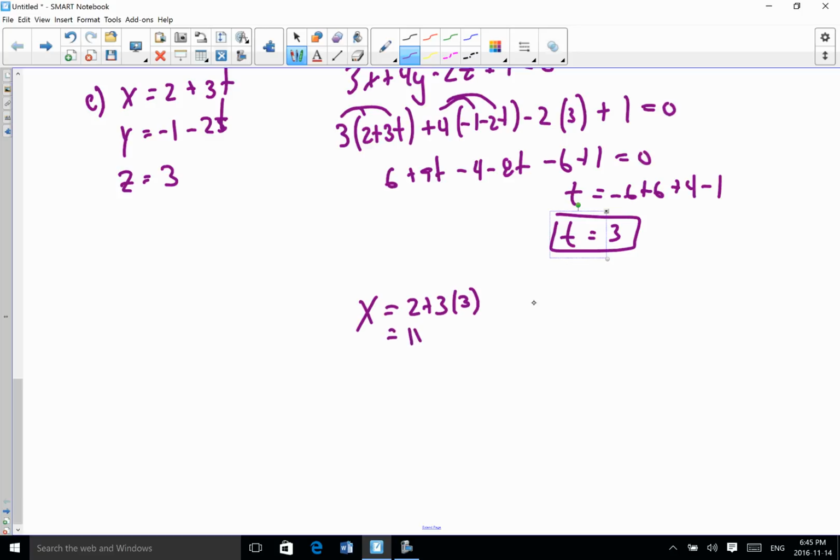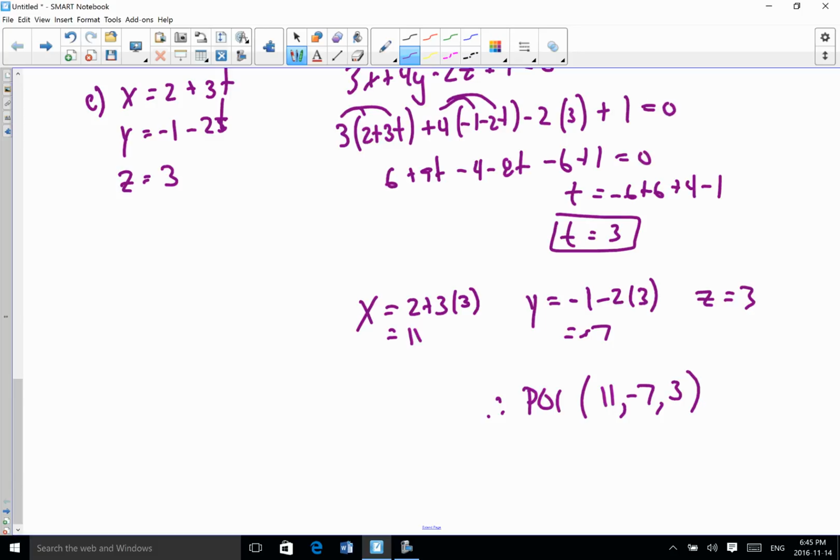So x is 11. Y is negative 1 minus 2 times t, but we said t was 3, so negative 1 minus 6, which is negative 7. And z, no matter what, is 3. So the point of intersection of the line and the plane is the point 11, negative 7, and 3.